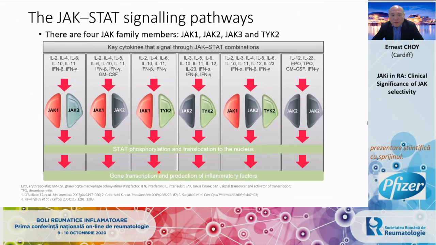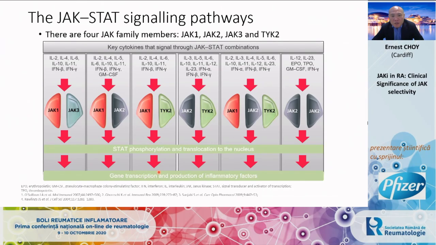I mentioned before that, in fact, the JAK-STAT pathway is involved in the signal transduction of many cytokine families, which is well illustrated by this slide. So you can see, ranging from the common gamma chain cytokines, type 1 and type 2 interferon, the IL-6 family of cytokines, IL-12 and 23, as well as the haemopoietic cytokines, all utilize the JAK-STAT pathways to cause signal transduction.